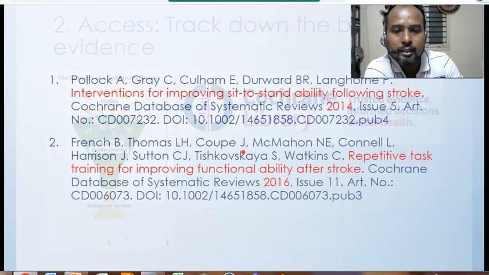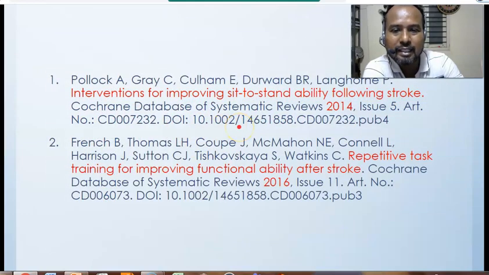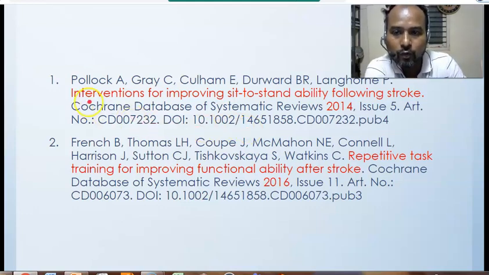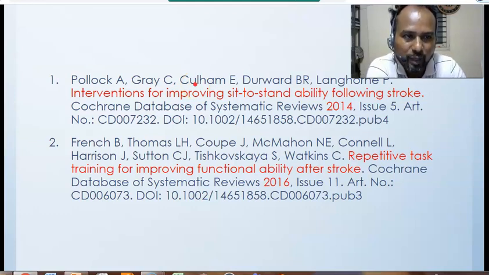The systematic review doesn't specifically answer that question, because in this review the outcome is sit to stand from a chair, and almost all of the participants in those studies were already able to do sit to stand. So it has improved ability in terms of movement time and so on.